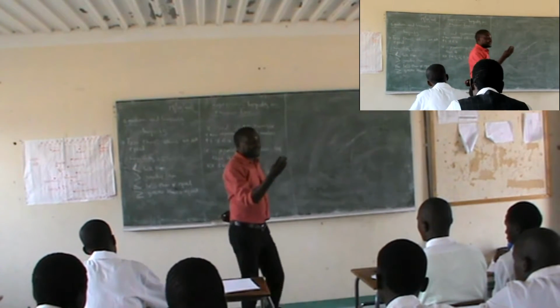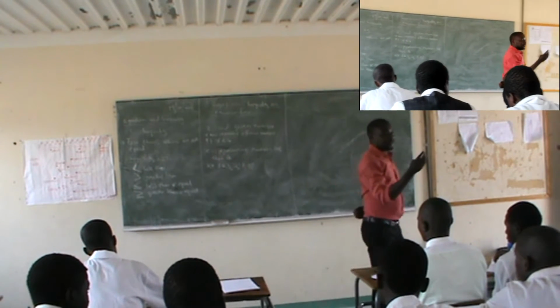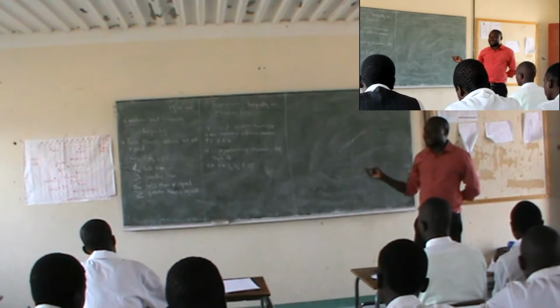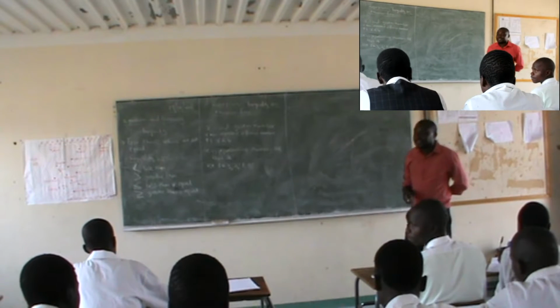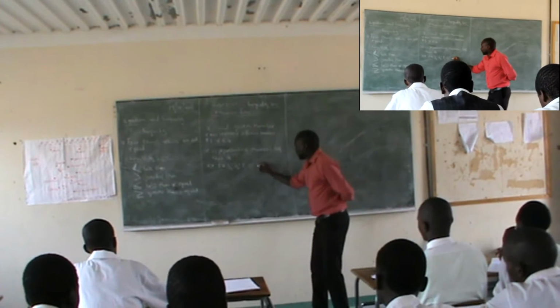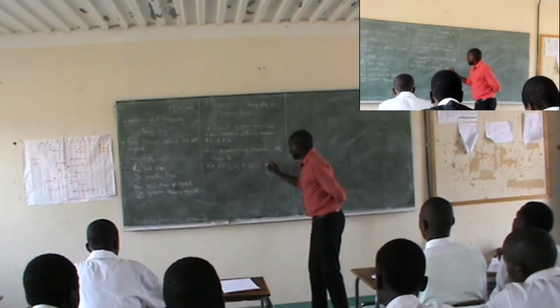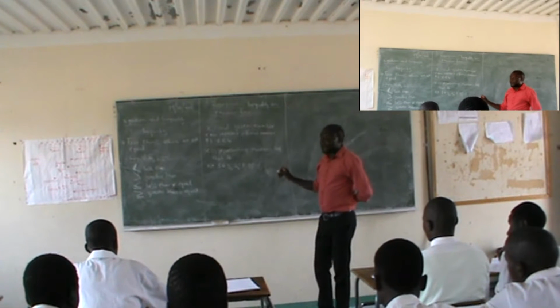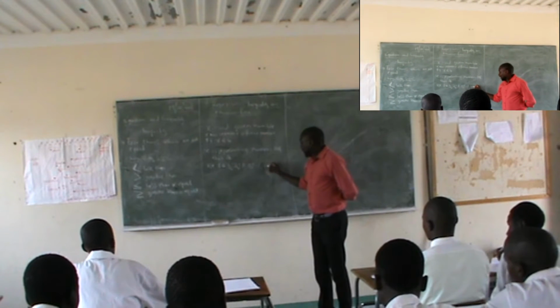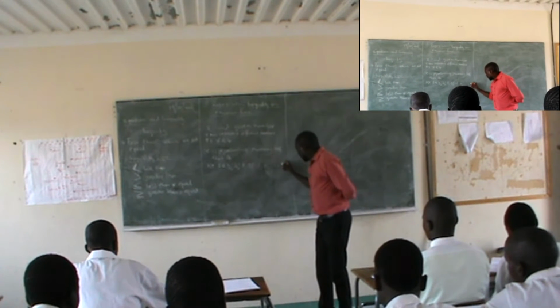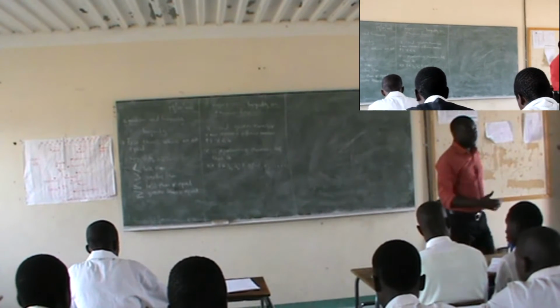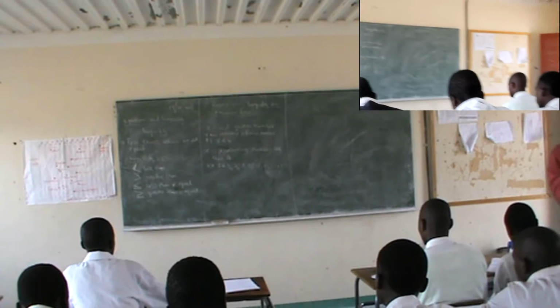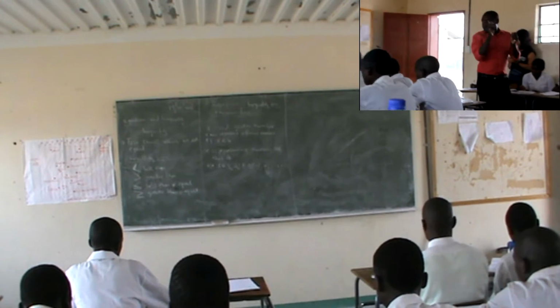Clemens? It's negative 1. Negative 2. From negative 2 we have negative 3, negative 4. Now it means x is representing all those numbers less than 4.